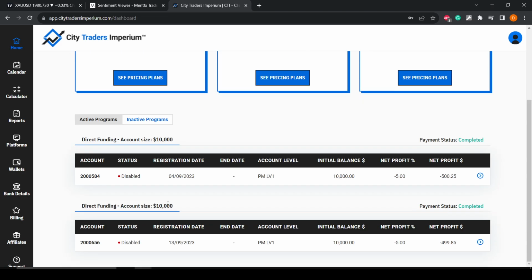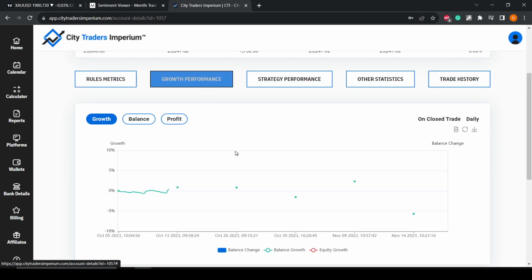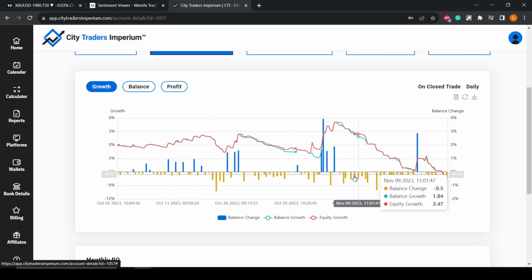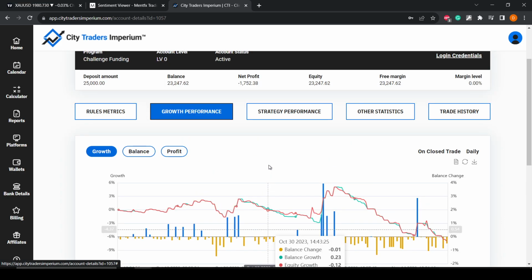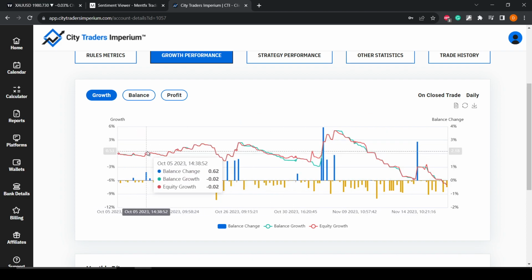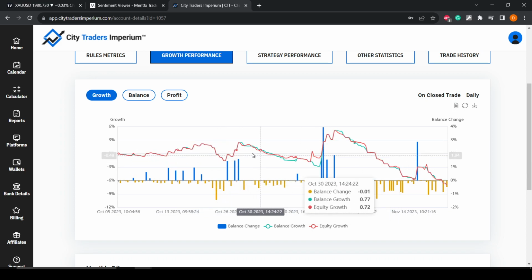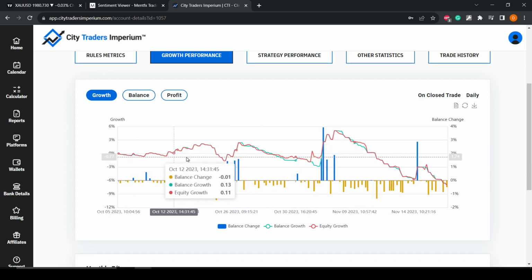Yeah, and this one, oh, these were these previous accounts, and this one looks like this right now. So from the beginning, I went into the profit. I mean, it's a bit strange that zero is here.